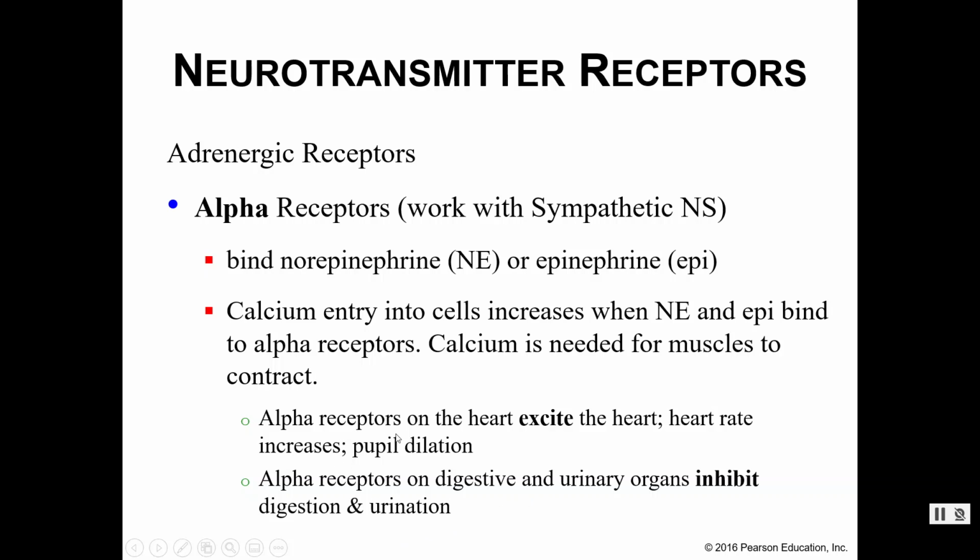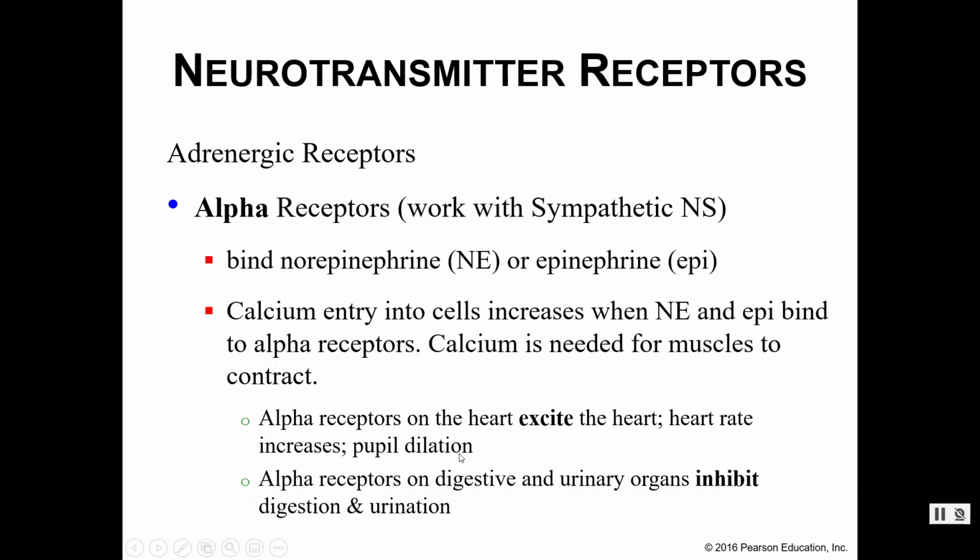So alpha receptors on the heart, if we bind epinephrine or norepinephrine to alpha receptors on your heart, they have an excitatory effect. They will increase your heart rate. If we bind to receptors on your eyes, it will dilate your pupils.